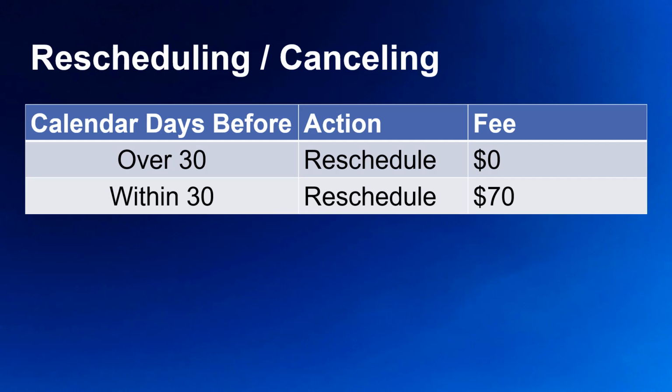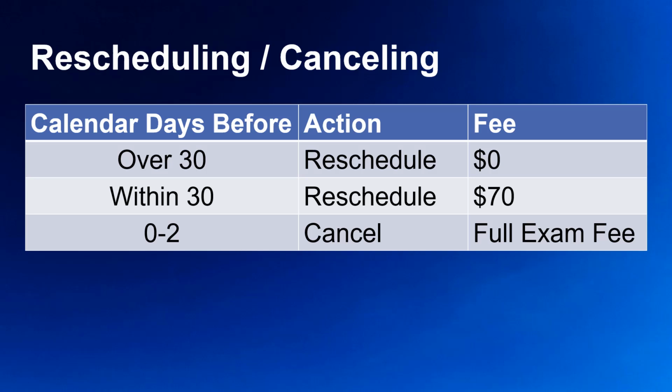And unfortunately, if anything happens within 2 calendar days of your exam, then you cannot ask for your exam to be rescheduled. At this point in the timeline, you can only cancel your appointment, and you will also forfeit the entire exam fee that you have paid.